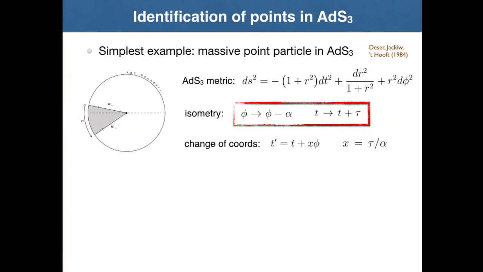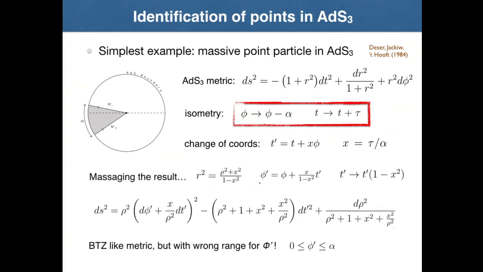And this means that, essentially, the range of phi is not from 0 to 2 pi. But if I do this, the metric will change form, and it's not clear how it represents a particle. But I can show you that at the end I obtain a conical particle just by massaging the result that I obtain by performing this shift in the coordinates.